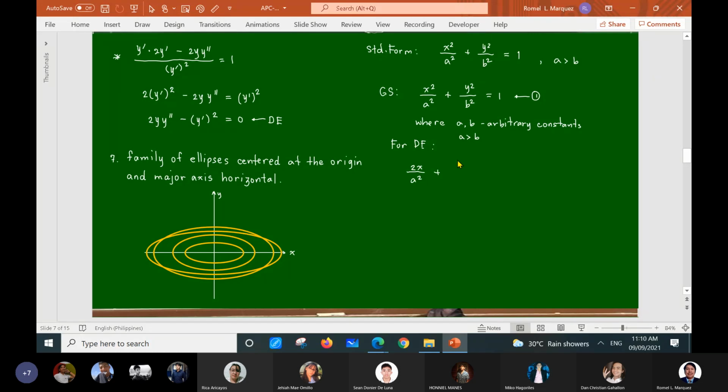Derivative of y squared, 2y y prime, over the constant, equals 0. O, divide by 2. Then we get what? x over a squared plus y prime over b squared equals 0. Okay? Is that clear, children?